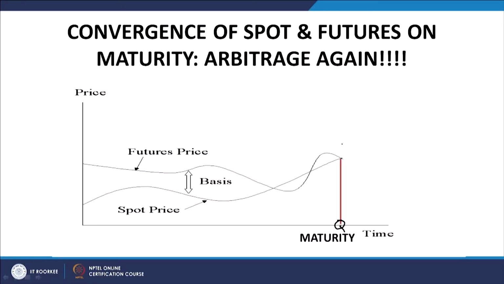Arbitrage once again. This arbitrage is literally universal in finance. You find it in literally every price determination mechanism, though not precisely. Now, why is it so? Suppose the spot price is higher than the futures price. I buy the futures and I sell in the spot market. That futures contract entails delivery on the same day.